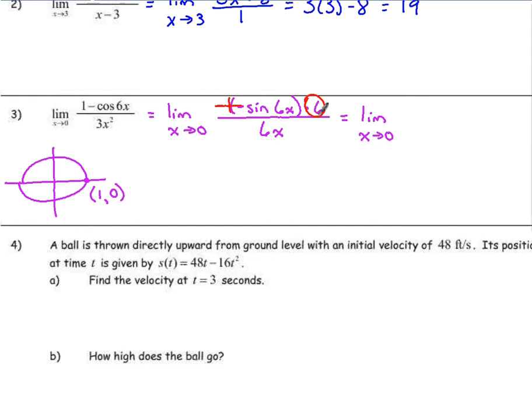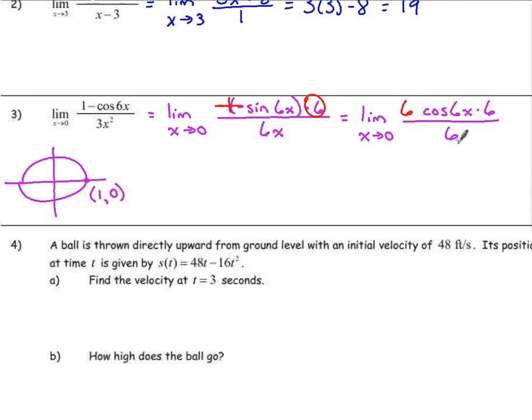This 6 I'm going to move to the front, and I'm going to multiply that to the derivative of the sine of 6x. The derivative of the sine of 6x would be cosine of 6x times 6. And that is all over the derivative of the denominator, which would simply be 6 at this point.